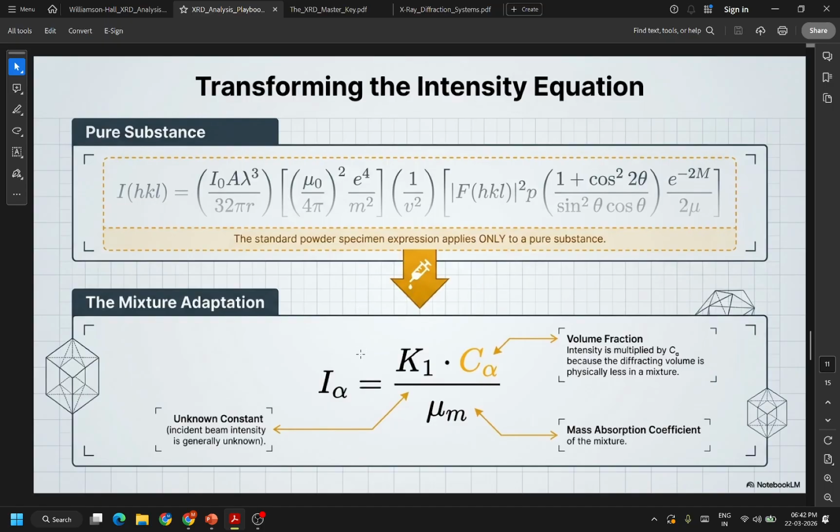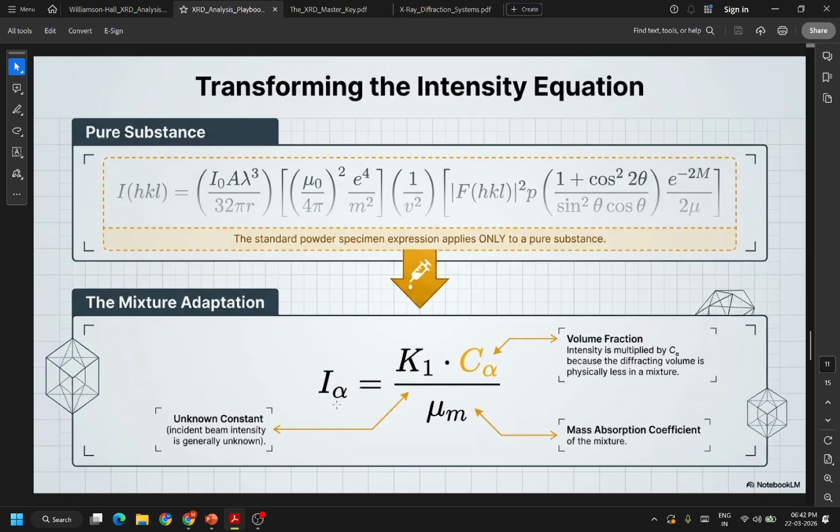When you come to a mixed substance, we talk about intensity in relative terms. So we take I_α equals k1 C_α by μ_m. k1 is your unknown constant because the incident beam intensity is generally unknown.